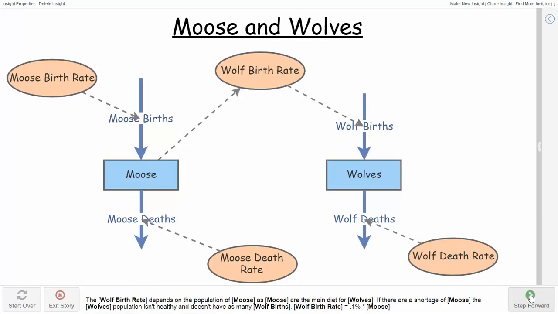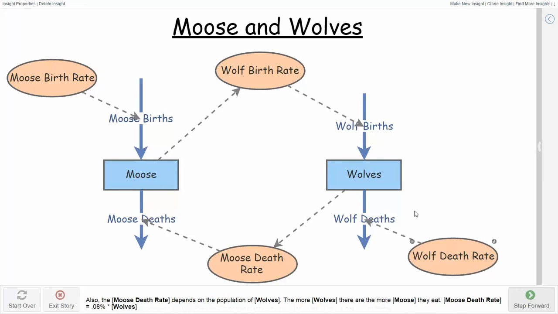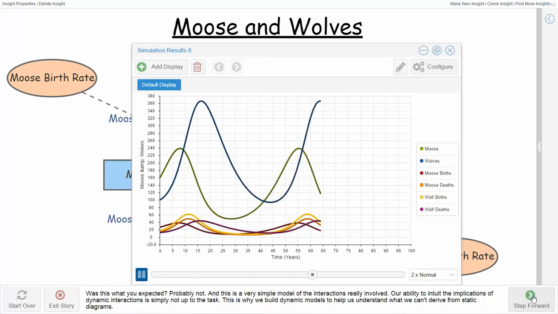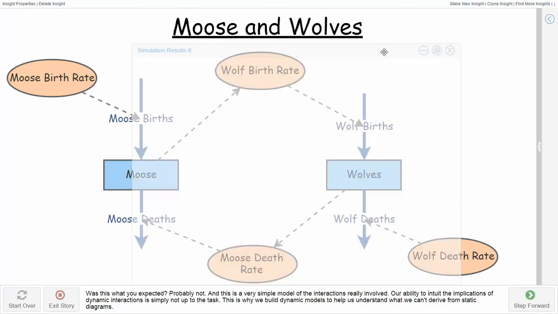Yet when we realize that there's a relationship between the two populations, in that moose have an impact on the wolf birth rate and the wolves have an influence on the moose death rate, when we connect the two of them, something very interesting happens. The two populations oscillate back and forth, which is a pattern that one is extremely unlikely to deduce from simply looking at the relationship map itself in the background.